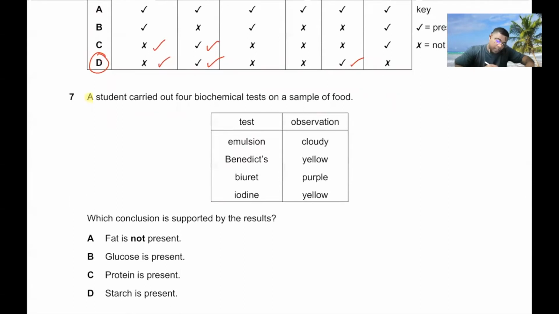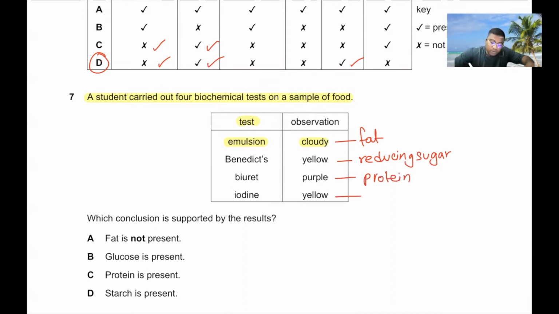A student carried out 4 biochemical tests on a sample of food. The emulsion test goes cloudy, which is an indication of the presence of fat. The Benedict's test went yellow, so there is reducing sugar. Biuret goes purple, so there is protein present.